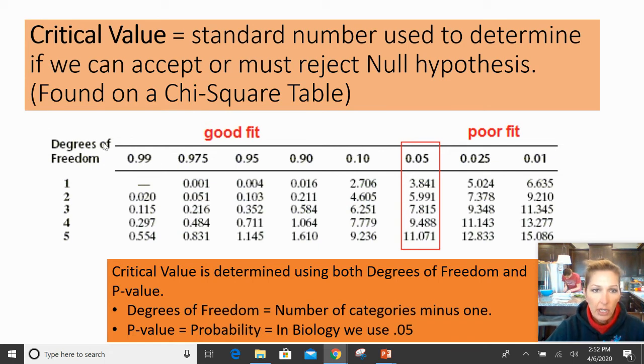What you have to know is what the degrees of freedom are, and you also need to know that the probability we use in science is this 0.05. All of these other numbers don't matter. They're just there as distractors, so you guys can know that I don't use those numbers. This is the only line, the only box that matters. So we are going to use these critical values.